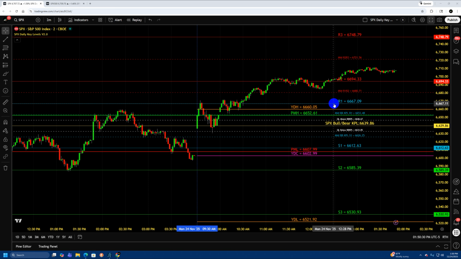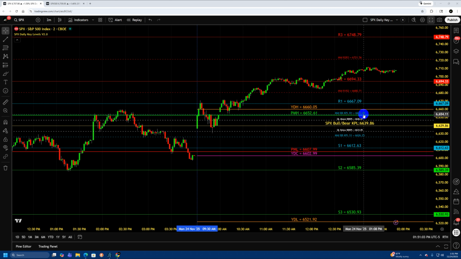And then the same thing works in reverse. If we were instead looking at price starting to close below the R1 level and we were wanting to take a bearish trade off the R1 level, then our at the money standard play would be a 66.65 put. Then our second out of the money option that we could consider would be the closest strike to the midpoint level below R1 on this bearish trade from R1, mid BBKPL R1, 66.5348.